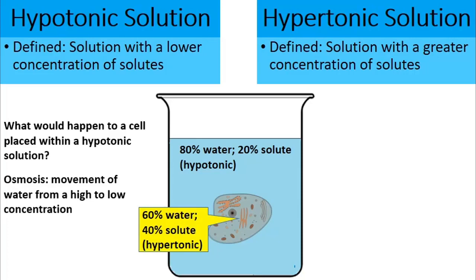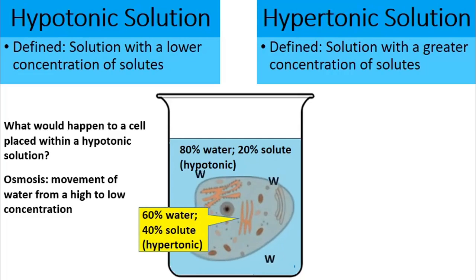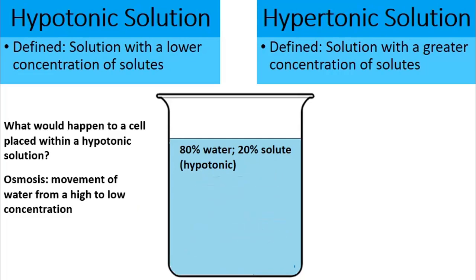Where is the high water concentration? If you look at the picture, you can see 80% is a higher percentage than 60%. So water would diffuse into this cell over time. Over time, the cell would begin to swell and get larger and larger to the point where it could even burst, depending upon how much water flowed into it.